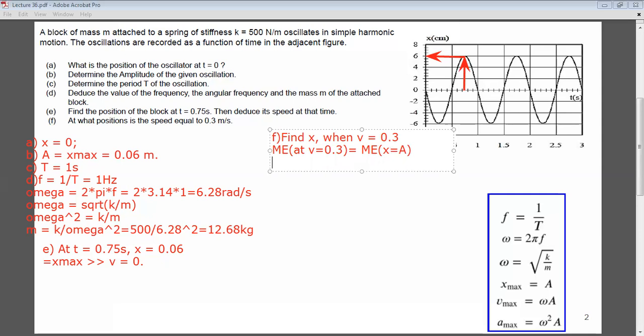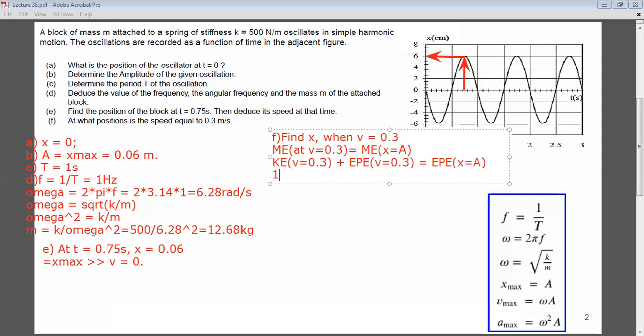This is kinetic energy at v equals 0.3 plus EPE at v equals 0.3, and this is equal to what is happening at x equal to A? There is only EPE because there is no kinetic energy. The kinetic energy is 0 at that value. So this is EPE at x equal to A.